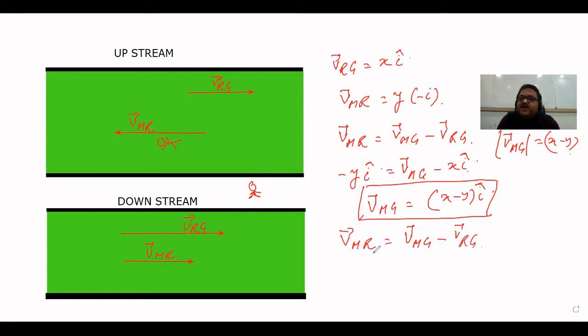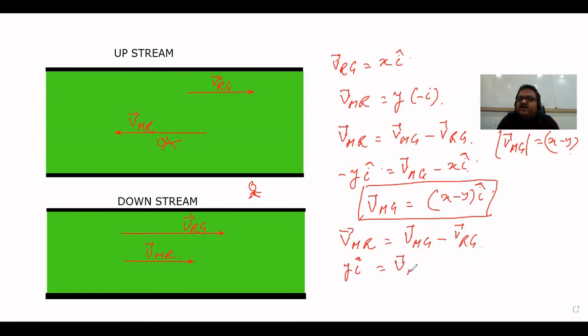Now, velocity of the man with respect to the river is what? Look, it is heading towards this direction. So since it is heading in this direction, in this case we should consider it y i cap. And what is the velocity of the man with respect to the ground?